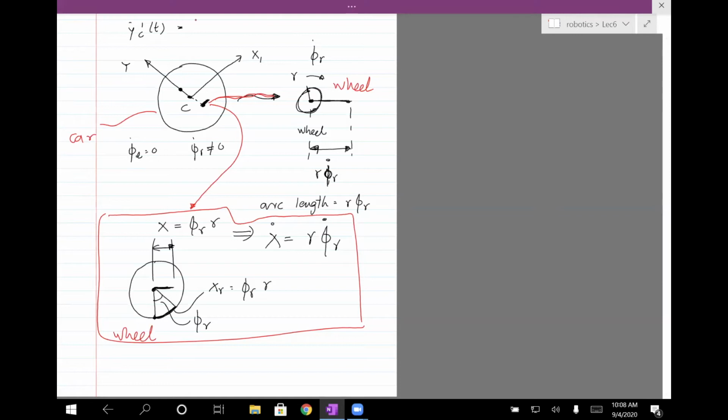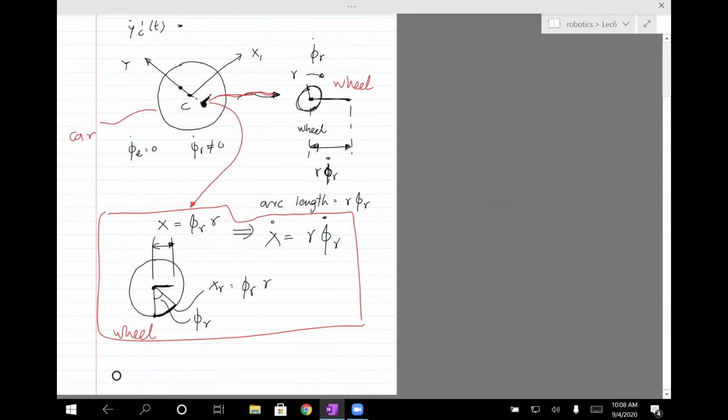What I was trying to argue is that when phi dot r is not 0, the distance moved by this point is going to be r times phi r dot.